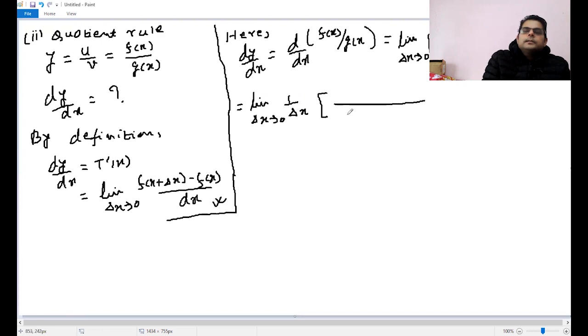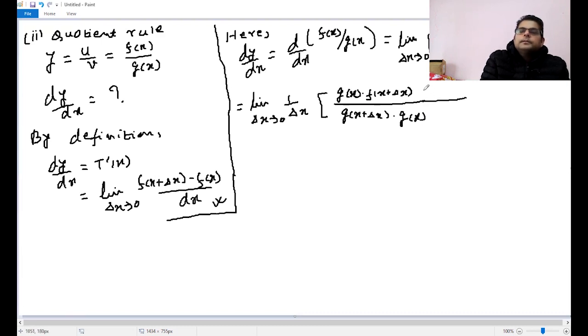So in that case, our derivative is g(x plus delta x), and then its LCM is g(x). And now by using this simple algebra, what we can write here is g(x) times f(x plus delta x), right?